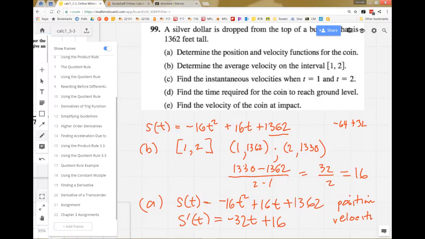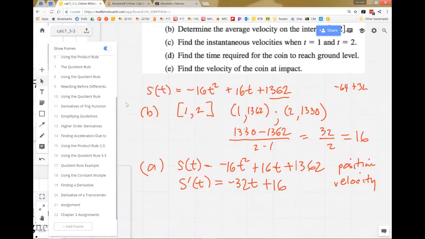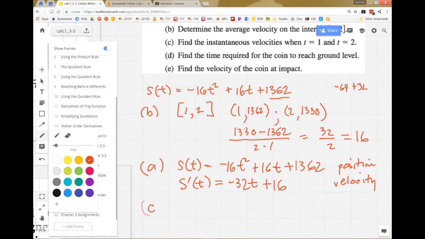Okay, part C. This is going to be pretty easy now, because we already have the derivative right there. What's the velocity at 1? At 1, negative 32 times 1 is negative 32, plus 16.